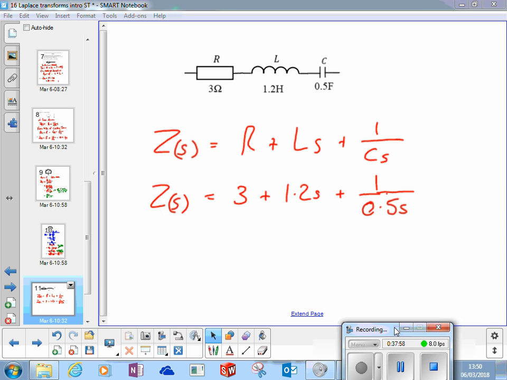What could we do to that fraction on the far end? No, you can't add that and that together, but you can do this: 3 plus 1.2s plus 2 over s. You can divide the 1 by 0.5.